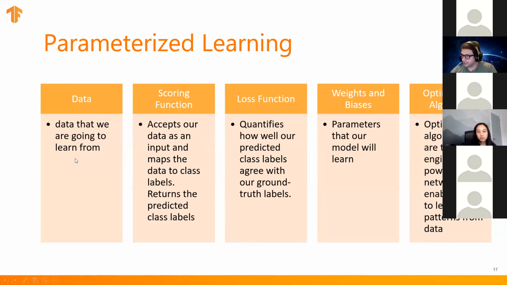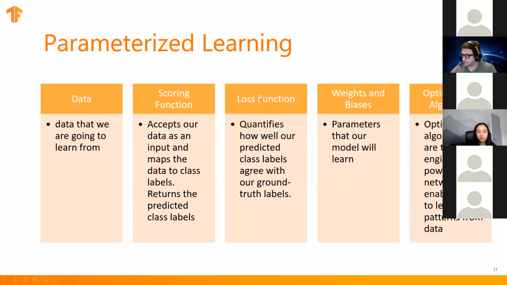So we have our data and we have a score function. This score function is going to tell us if the model is going well during the training or going badly. And we're gonna have a numerical representation of how bad the model is.